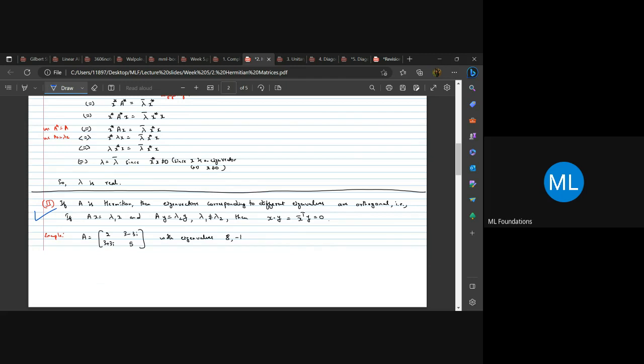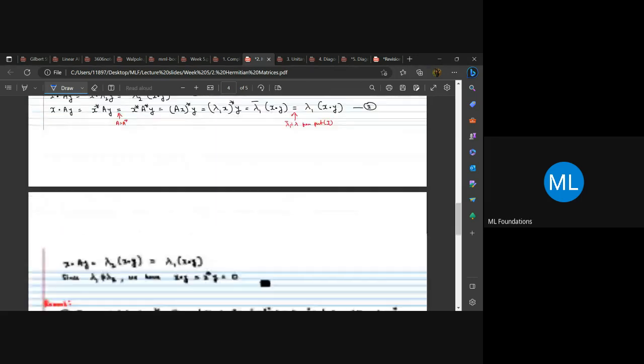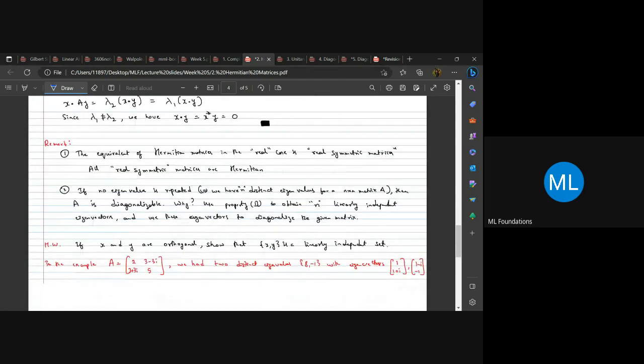For example, for a 2 cross 2 Hermitian matrix A with two different eigenvalues lambda 1 and lambda 2, the eigenpairs lambda 1, v1 and lambda 2, v2 have v1 and v2 orthogonal. These two properties were there.